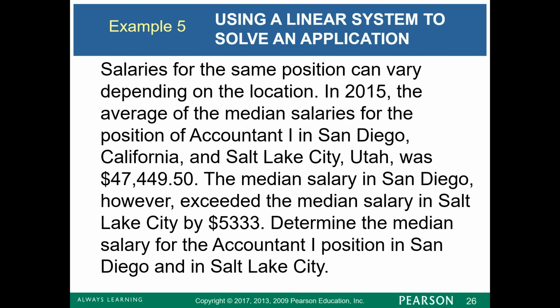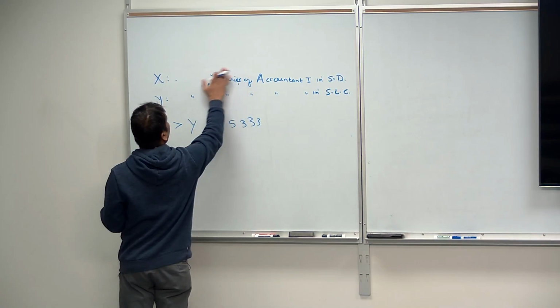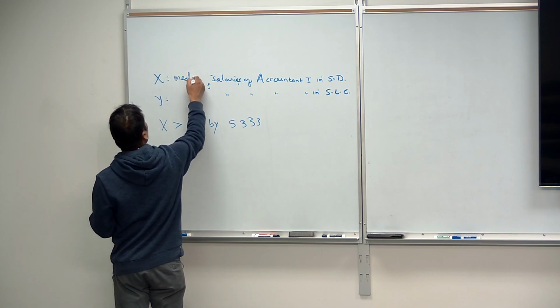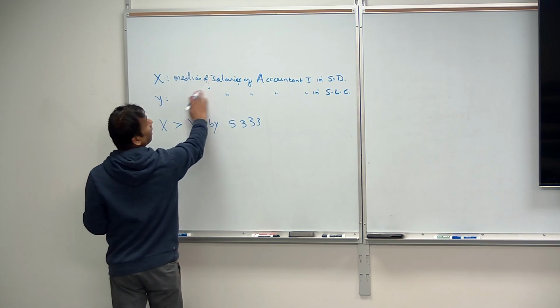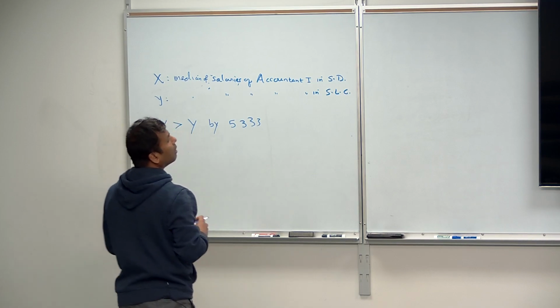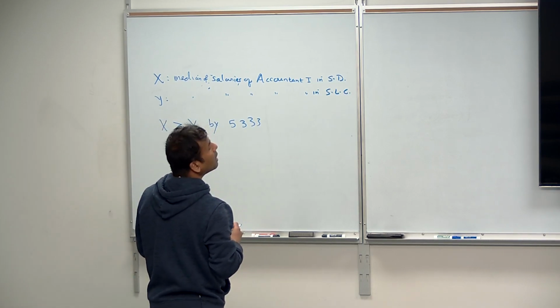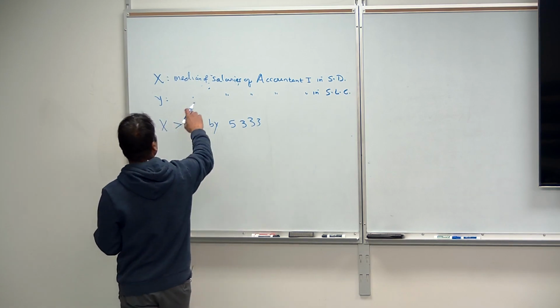Hold on a second, I mixed up here. In 2015, the average of the median salary for the position of accountant I in San Diego, California. So this is not average of; this is the median of salaries of accountant I. Average of the median salaries, not median of.